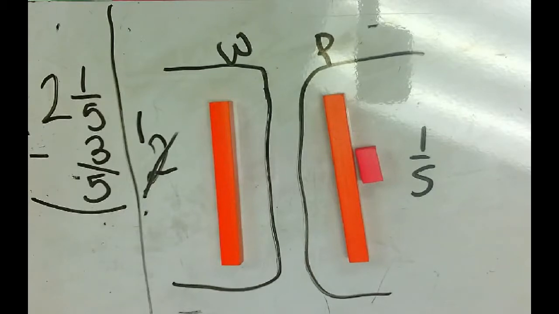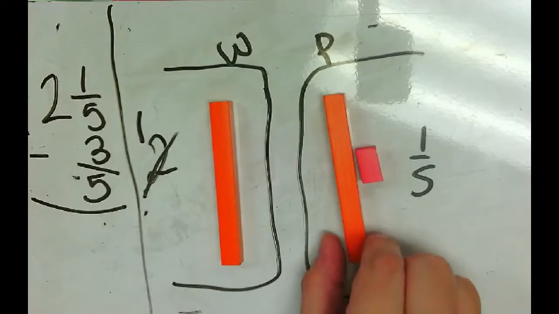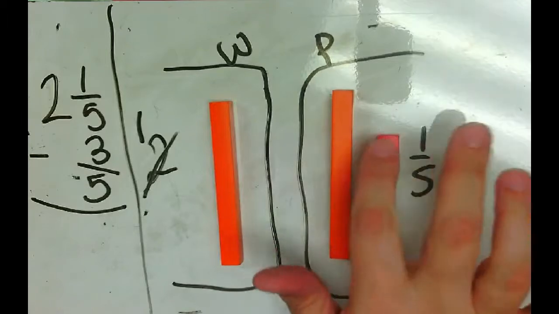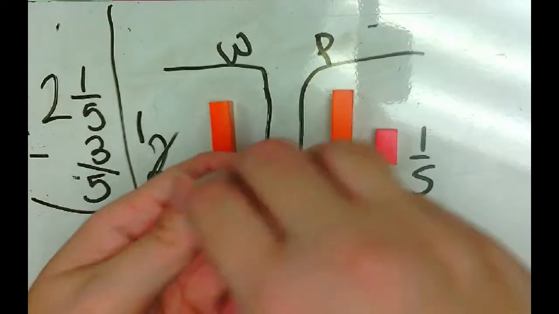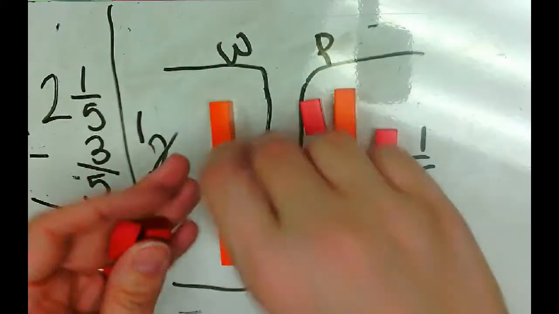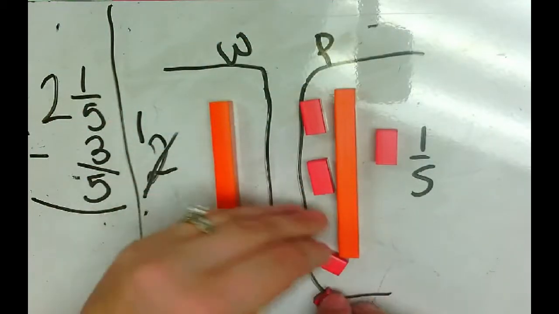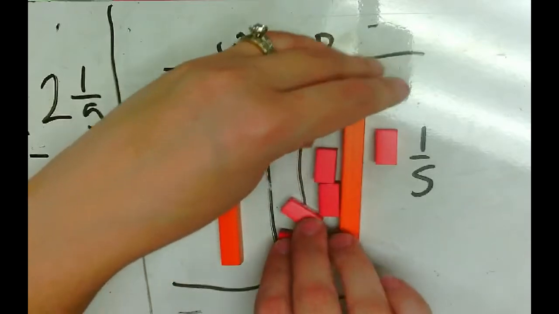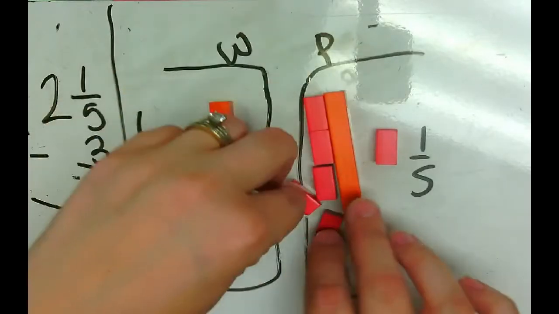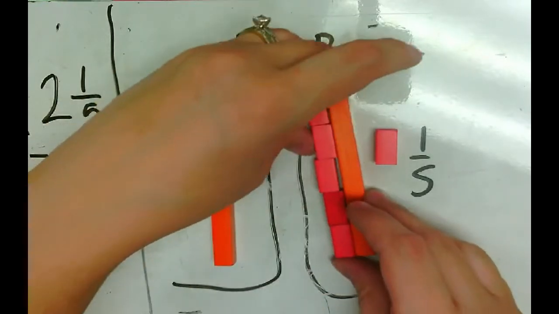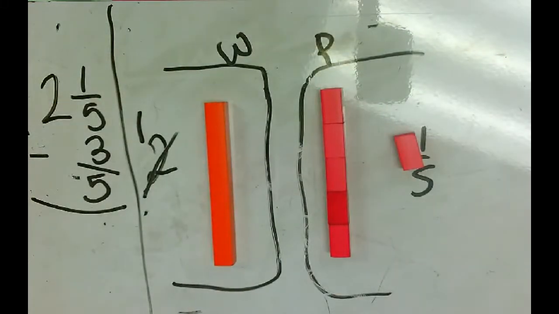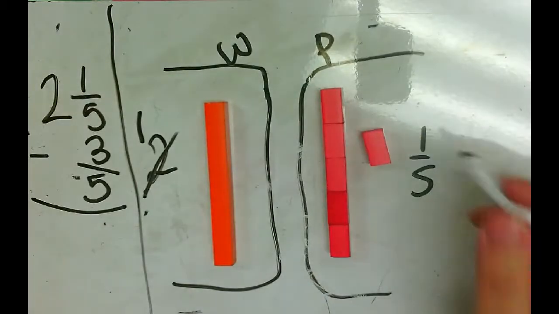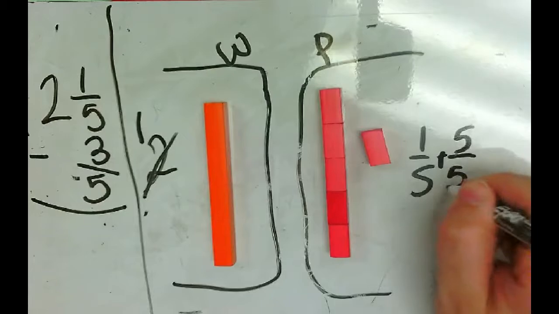Does that mean we're going to get rid of this 1/5? That stays. I'm just making an exchange right here. So what I just did is add 5/5.